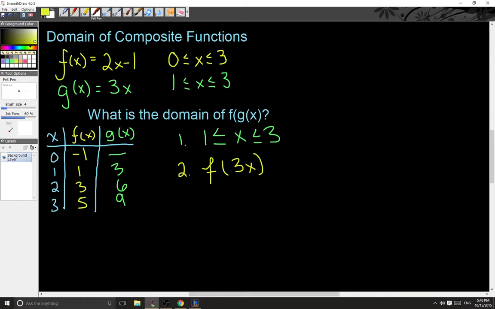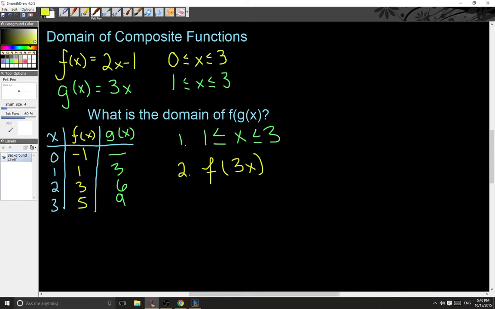If we look at these three values, we notice that only this one right here, this 3, would actually be able to go into f of x. So even though 2 is in the domain for g of x, 2 can't be in the domain of f of g of x, because once we plug 2 into g of x and get 6, we can't then plug 6 into f of x, because 6 is not in the domain of f of x.